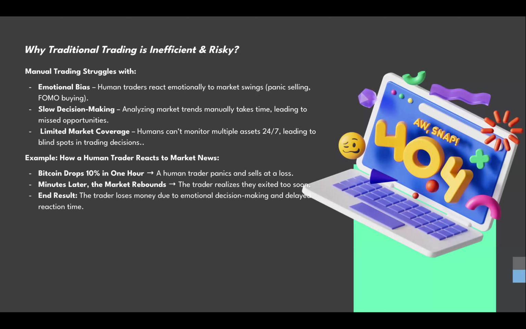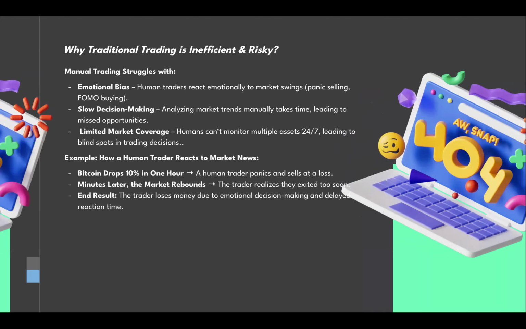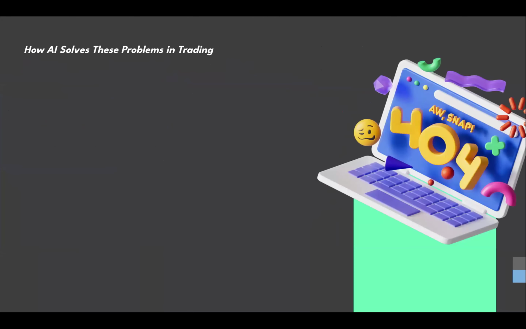The end result is that the trader is at a loss because they made the wrong decision, and the timing of the decision was also inefficient. So we have a lot of inefficiency that comes with manual trading.